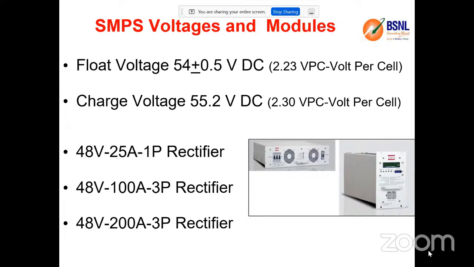So these are the types of SMPS power plants that are available in our industries. At a field visit, you may go to the nearby exchanges where you can see all these power plants. And you can see the thickness of the cables also, because the AC cables will be of normal size only.